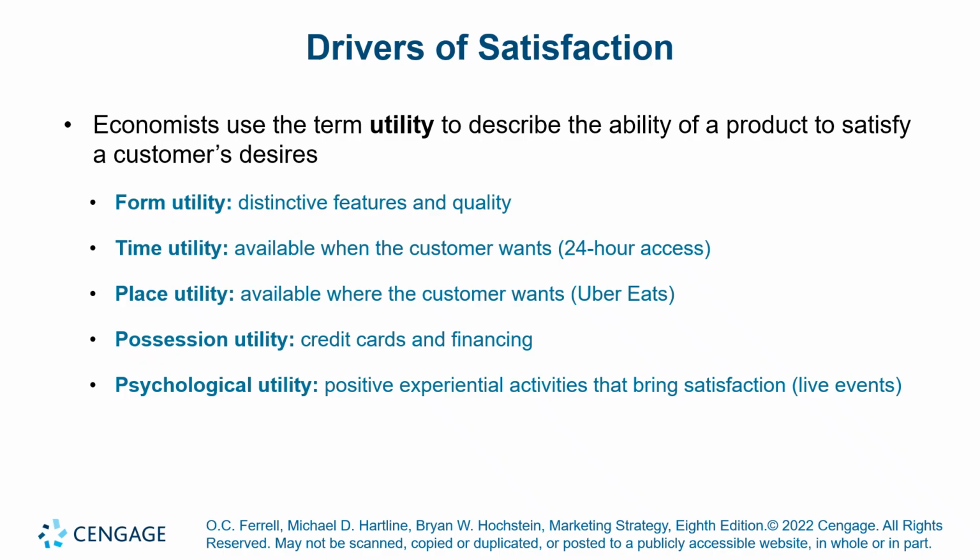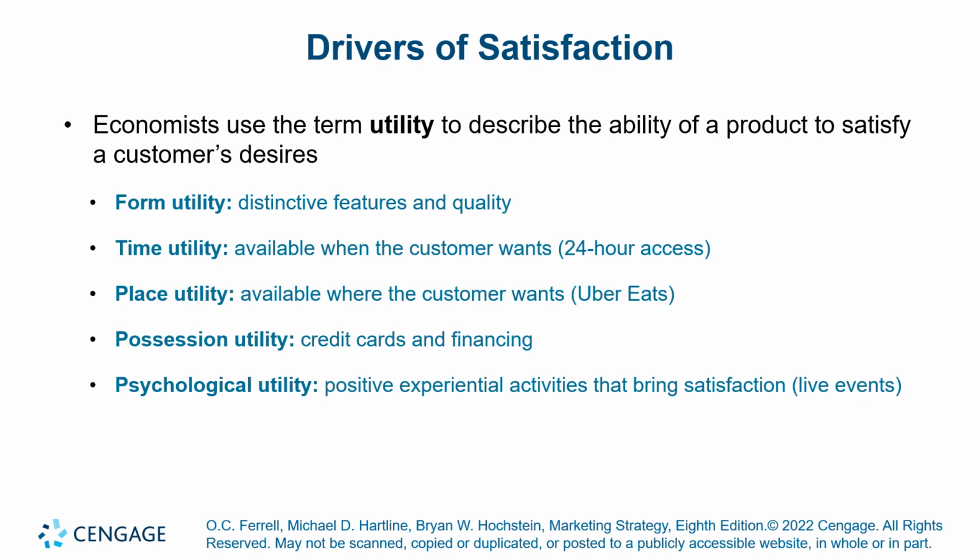Convenience stores available to customers 24 hours a day are also time utility. Place utility is when marketers make the product or service available where the customer wants it, like Uber Eats, which delivers the food to you wherever you want it delivered.